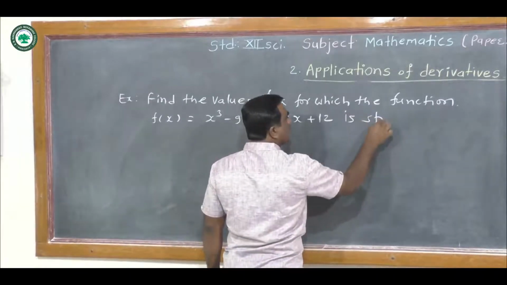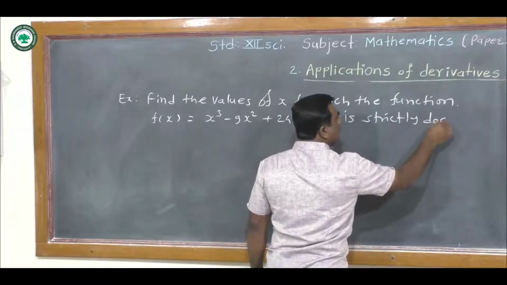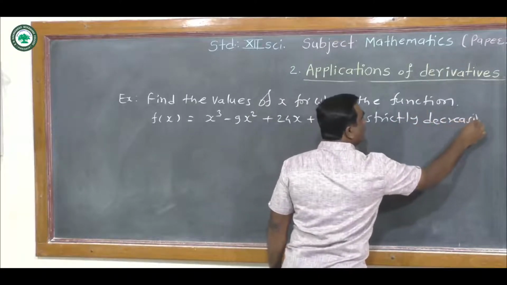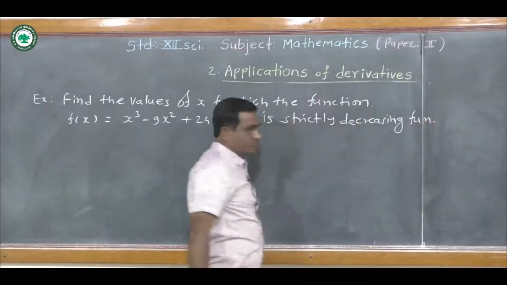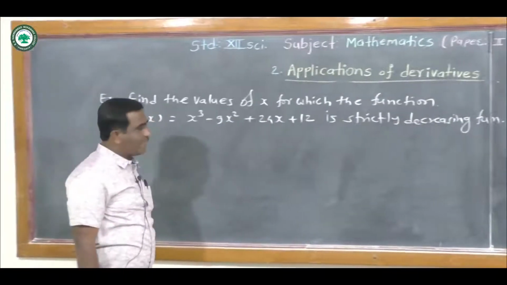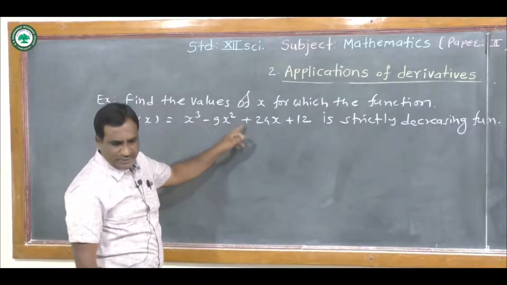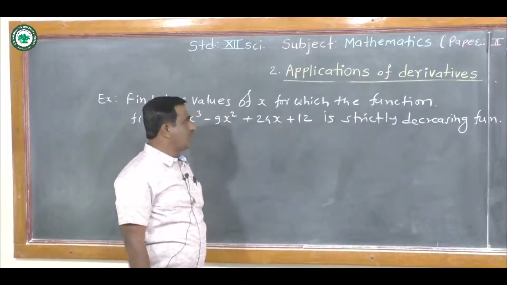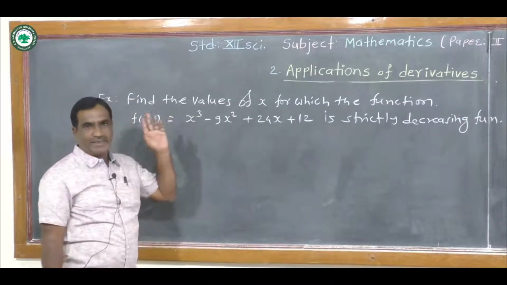We are given that f of x is equal to x cube minus 9x square plus 24x plus 12 is a strictly decreasing function, and we have to find the values of x.